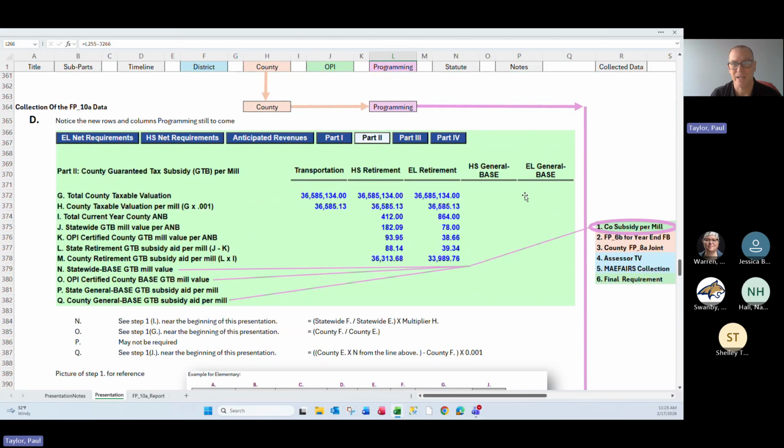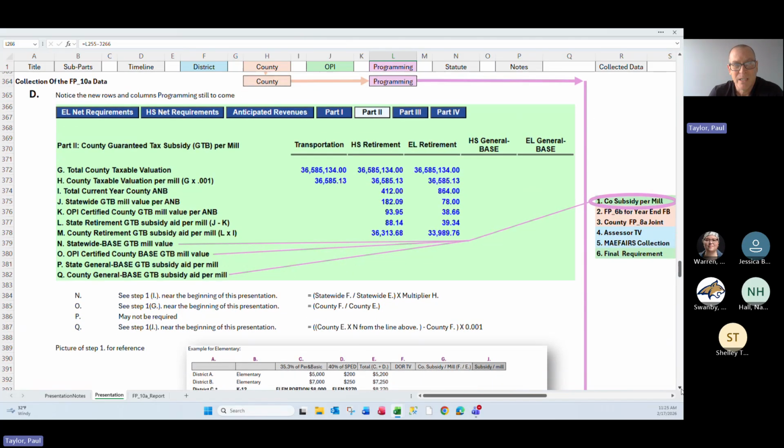Counties, a little bit more, and I guess maybe it's really turning into a programming game here. These last three tabs, or D, E, and F, which we're going to go through, there's nothing for anybody to put any kind of numbers in anymore. This is really just a summary or summaries of how the calculation is intended to work at the county level.